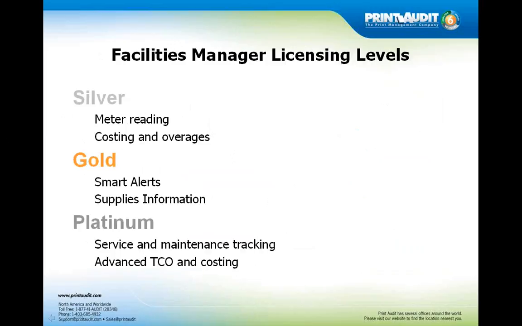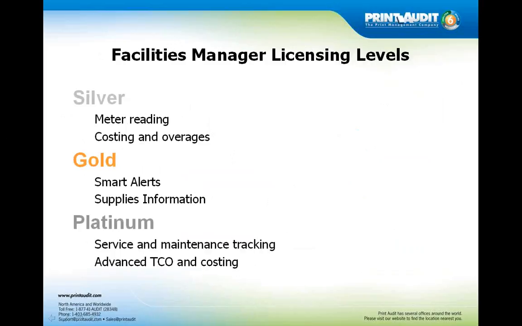Silver tracks meters. It gives you the ability to cost those clicks on a retail basis, so you can provide your customer with what we call the assigned costs, and assigned means those costs that you're charging on a per page basis and so forth.